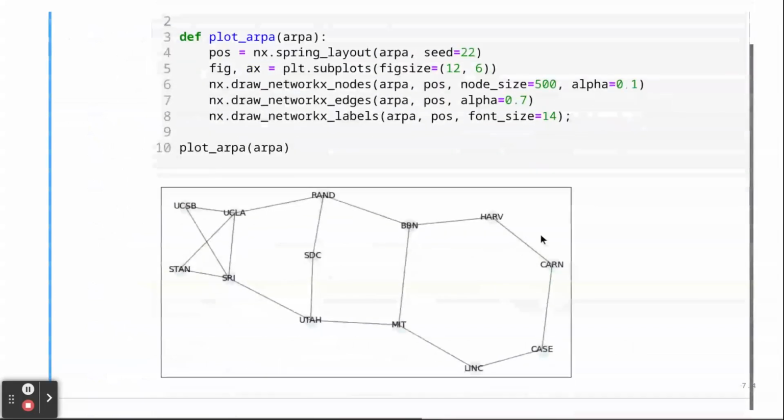But as we've learned previously, when we're visualizing a graph like this, the important part is not exactly where the nodes are placed, but rather their structure. And so the key feature here that is being represented is that Utah is connected to SRI, SDC, and MIT.